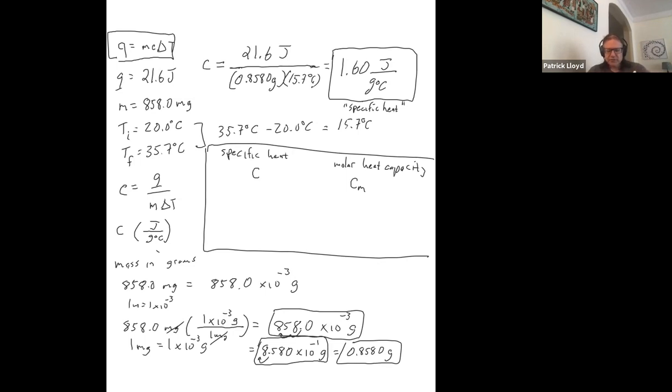So now here's what we're going to do. Essentially, we know this is in joules per gram degree C. What we want this to become is joules per mole degree C. Okay, actually, let me draw that a little bit further to the right. That's all we're doing. We're just converting it from grams to moles.